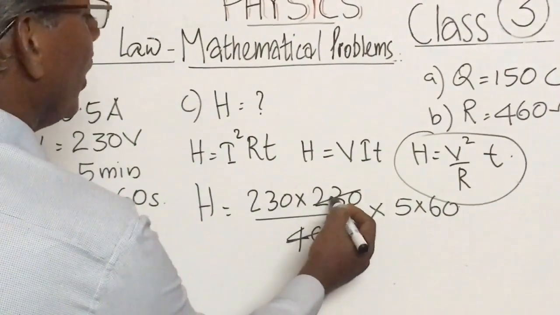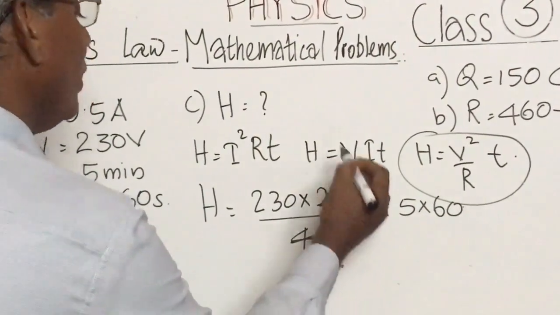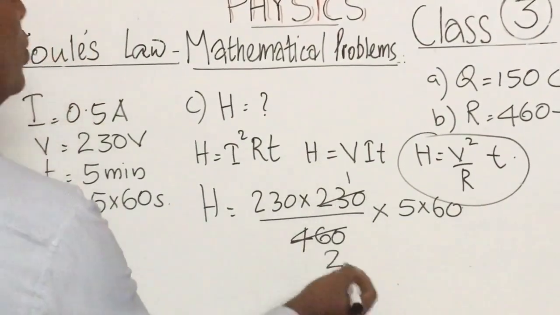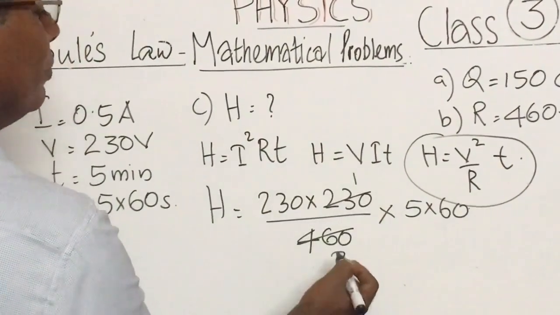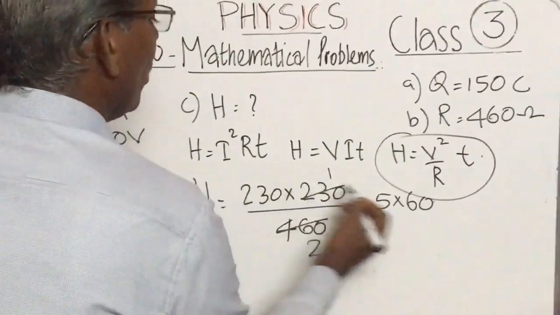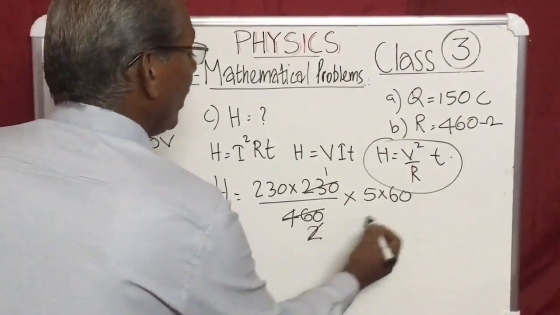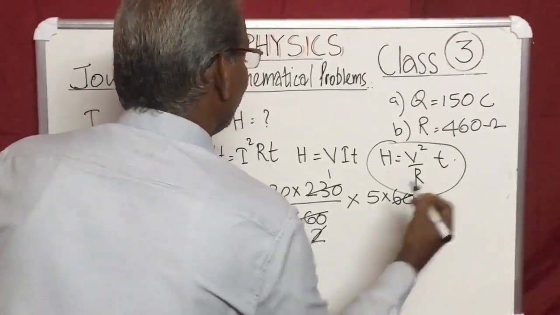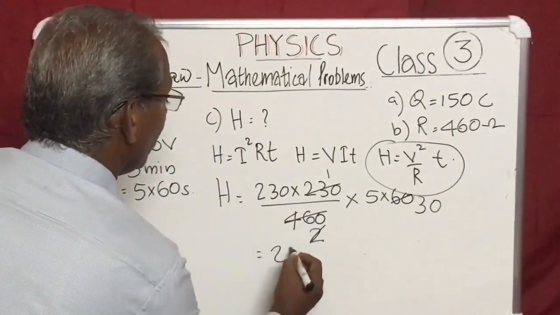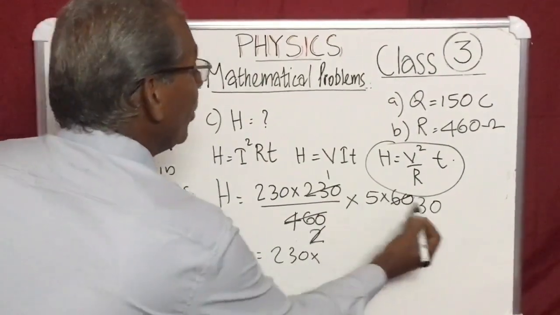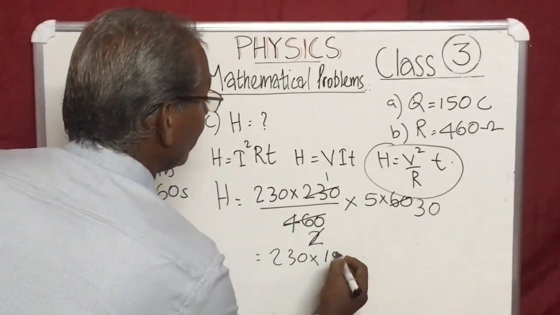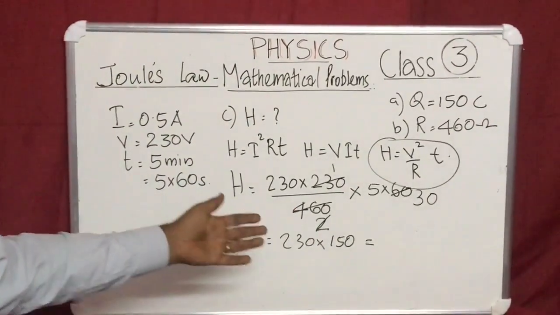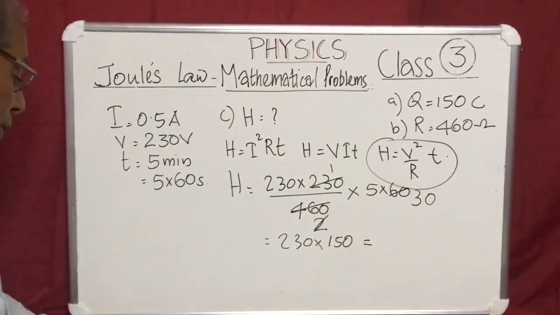As we said, 230 is 1, 460 is 230 into 2, so 1 by 2. So the 2 won't go up, it will be down. Now we can simplify this. You see here 60 by 2 is 30. So 230 into 5 into 30, 150. This you can easily calculate and we get the answer.